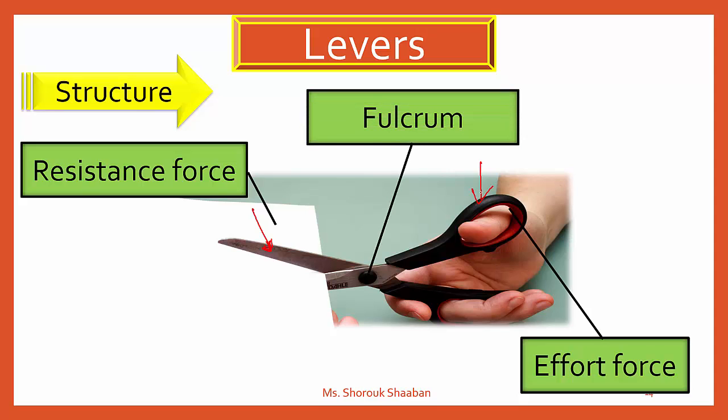I mean this black point, the fulcrum, because when we use this scissor, it's moving around this point. So this fixed point is called fulcrum. Again, any lever must contain resistance force, effort force, fulcrum.